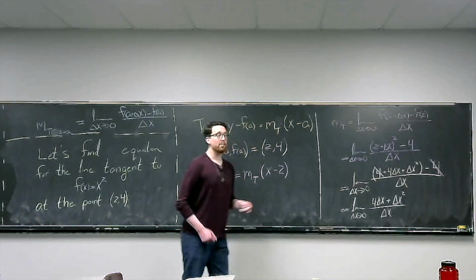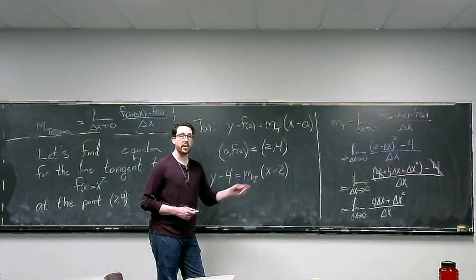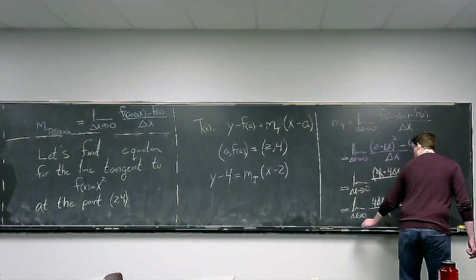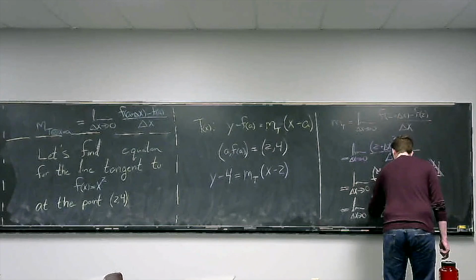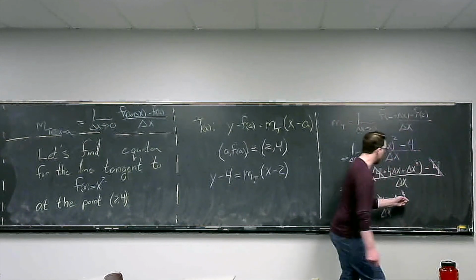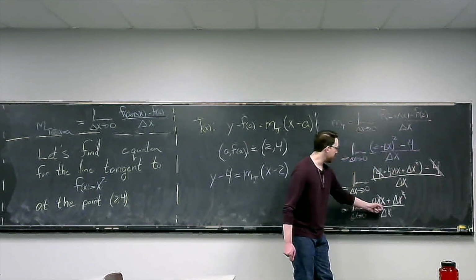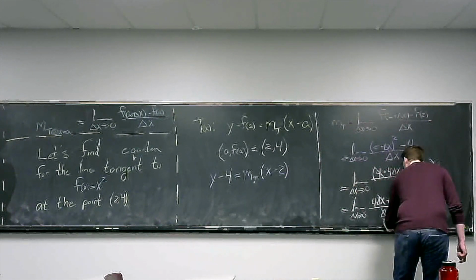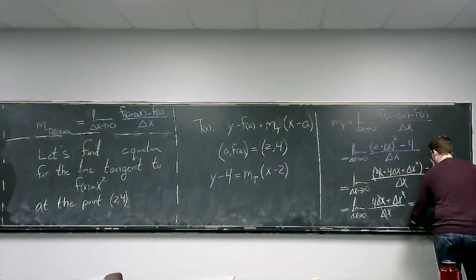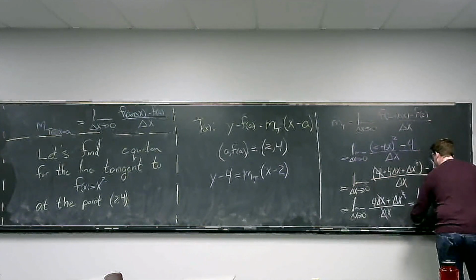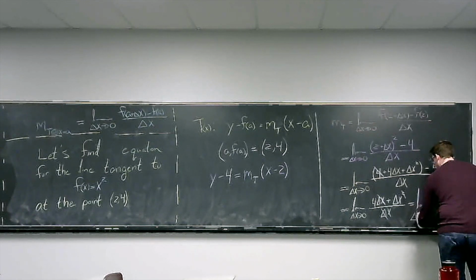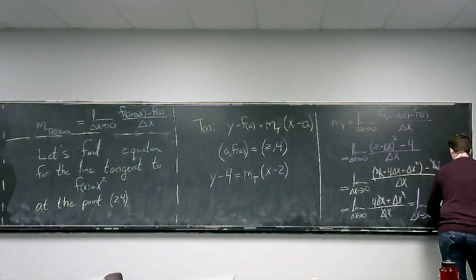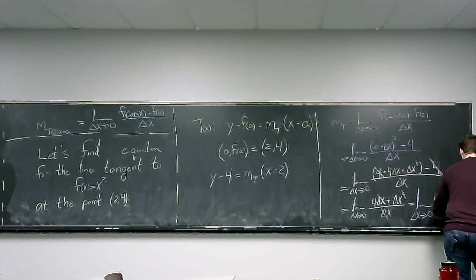And now we get some more cancellations. Those delta x's are going to cancel out, right? Here, we can cancel out one of these 2 delta x's here, and this delta x here, with this delta x down here. To get that this is equal to the limit as delta x goes to 0 of 4 plus delta x.